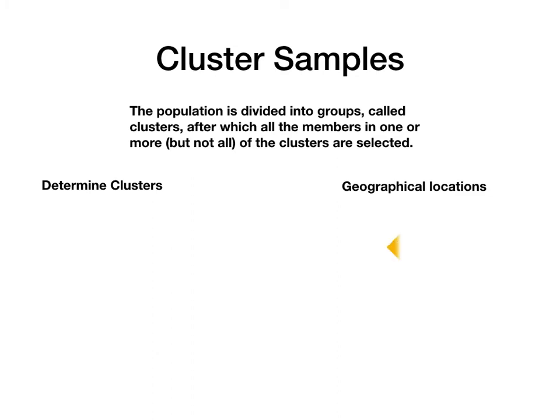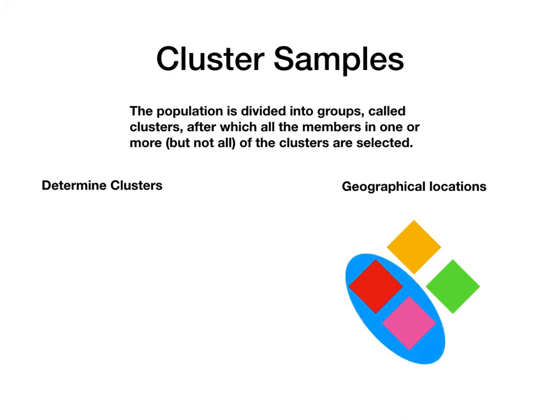For example, if you divide the population, right, into 4 areas, and then you pick 1 or 2 or more areas, clusters, but not all clusters, to be your sample. And then you select all the members in the clusters that you picked for your sample, all of them.